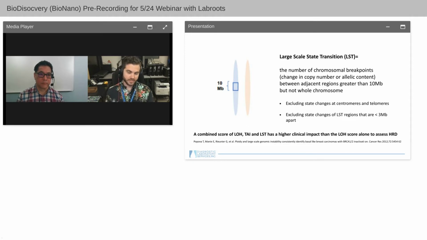So when we refer to LSTs, we're often just trying to discuss the number of times we see state changes and thus the breaking of DNA to then become abnormally represented, whether in the allele frequency or the copy number. You can see that we do want to exclude centromeric areas as well as telomeres. Centromeres are in the center and the telomeres are at the very end of basically the chromosomal arms.